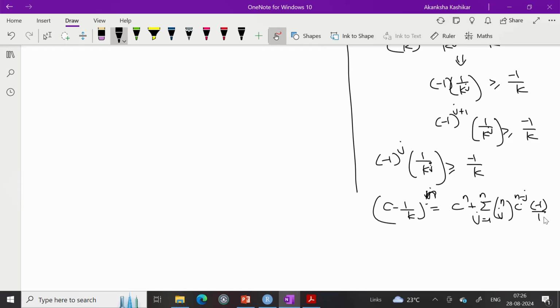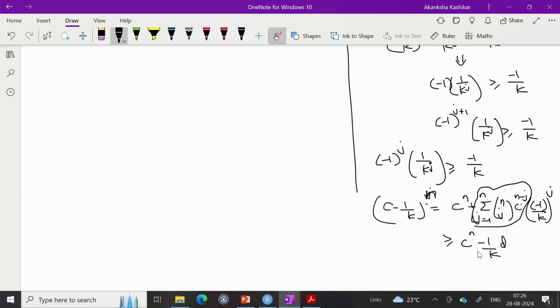So I'm still not in the actual proof of this part. So (c - 1/k)^n we will write as c^n plus the sum over j going from 1 to n of n choose j, c^(n-j), and (-1/k) whole raised to j.